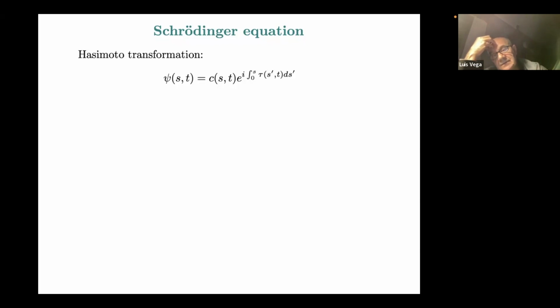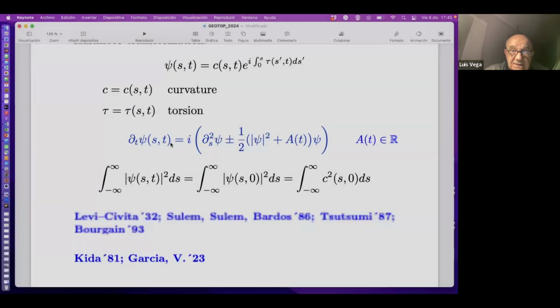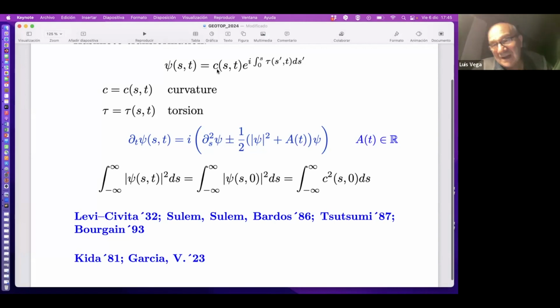And this created a lot of activity, and in particular, this was in the late 60s, and in 1971, Hashimoto proved the following. He made this transformation, which is, again, to write the polar coordinates, the complex wave function psi. And here now, I'm sorry, but what was before kappa has become c, and the reason is that this part is more related to Valeria Banica's work, and then we used to write the curvature as c instead of kappa.